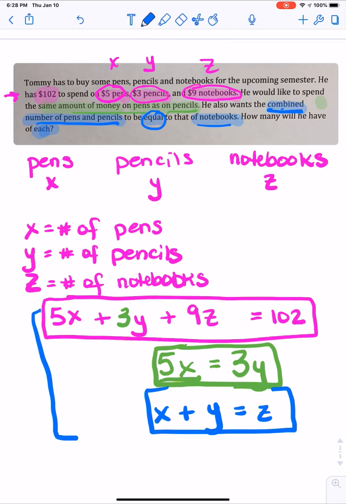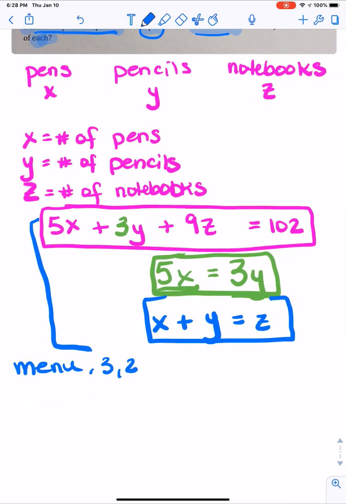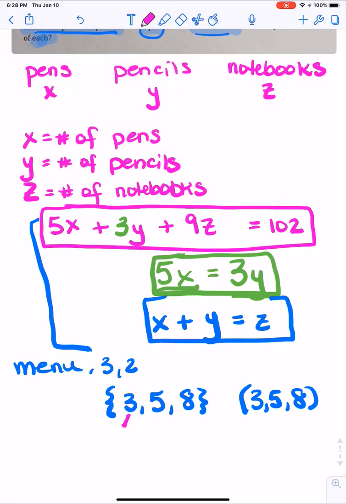Now, if I take this part right here and put it in my calculator using my menu 3, 2, I'm going to end up with a set that looks like this: 3, 5, and 8. Now remember, as far as the intersection point, I would have to write (3, 5, 8) with the parentheses around it. If I'm going to interpret it though, remember X from up here is my pens. Y from up here is my pencils.